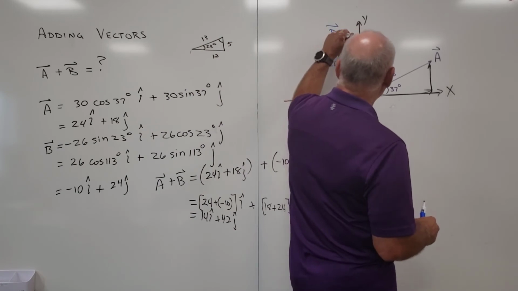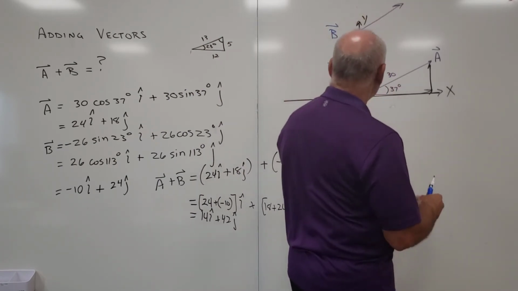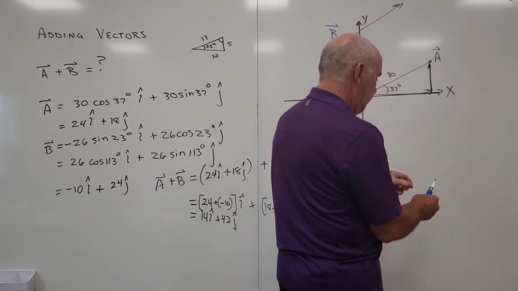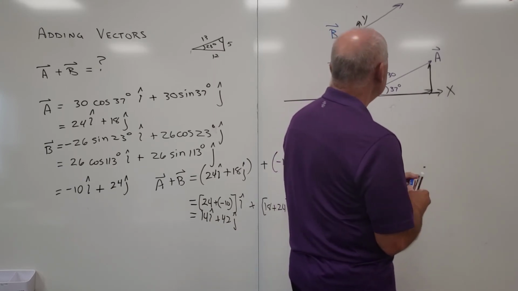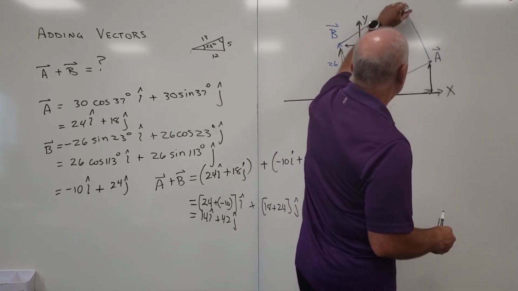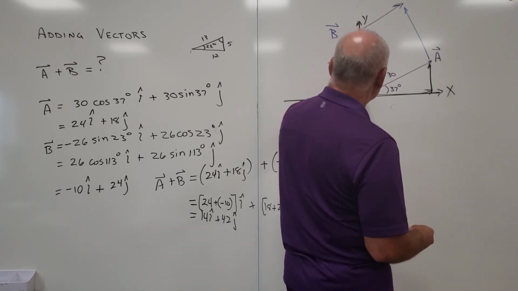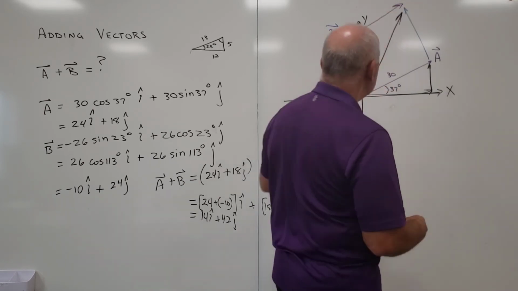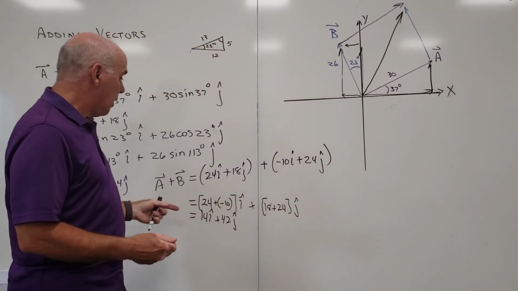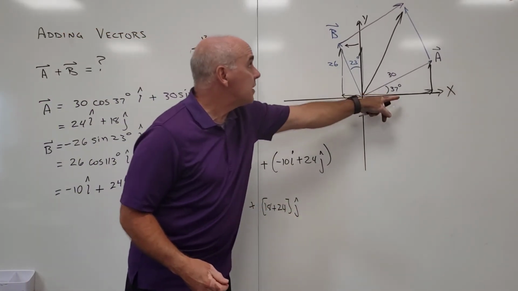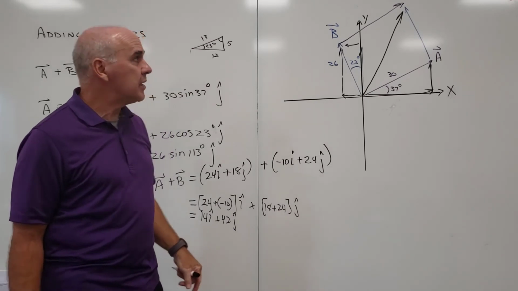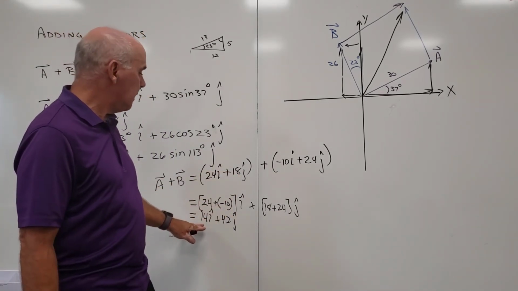And so the combination of these two vectors, I can do this graphically, right? I can draw out this side and this side, and the combination of the two vectors is that. And just using my drawing, that's about 14 in this direction and 42 in that direction. It's not the best of drawings, but you get the idea.